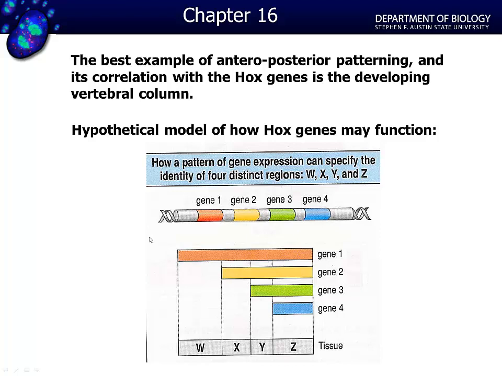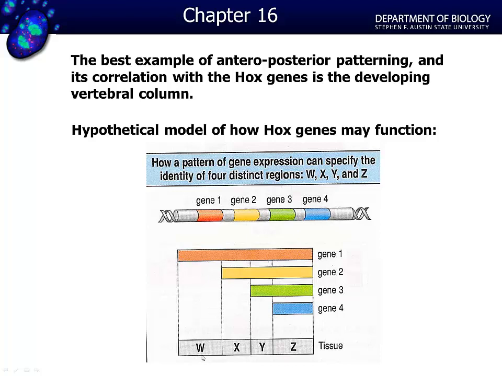So here is the hypothetical model that we see. Again, we have 5' genes, 3' genes. We would expect to see this positional information as it relates to our vertebral column. And in fact, it's not just that gene 1 is expressed here and gene 2 is only expressed here, but we see a sort of nesting of expression.